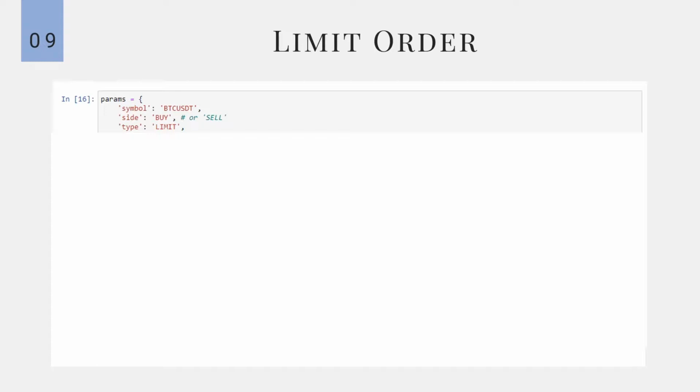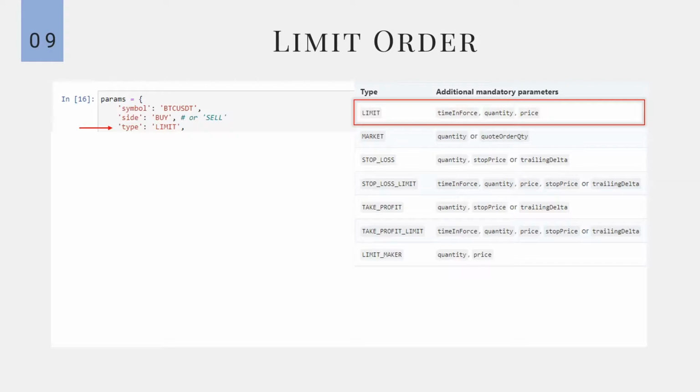We start as with the market order. We have the parameters like symbol and side, and we specify the type. Okay, now we look in the list what type of parameters we need for the limit order. We write them in and give them the values that we want.